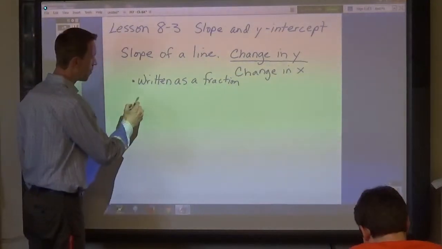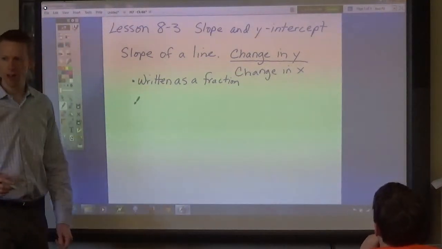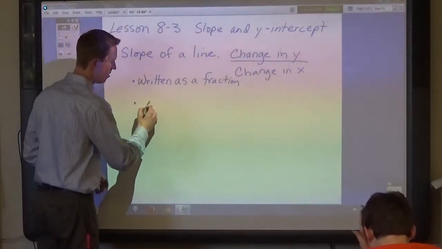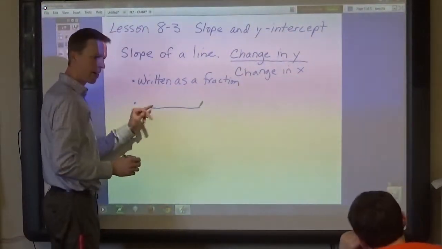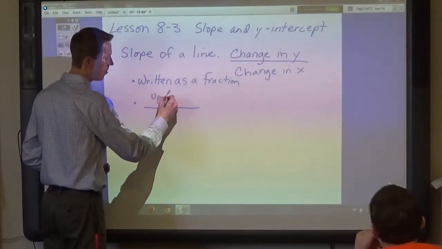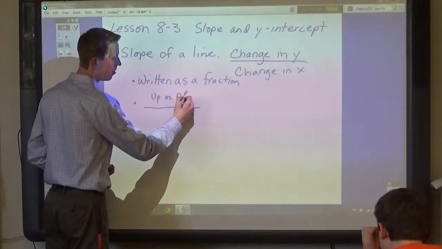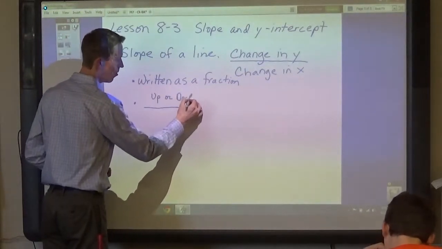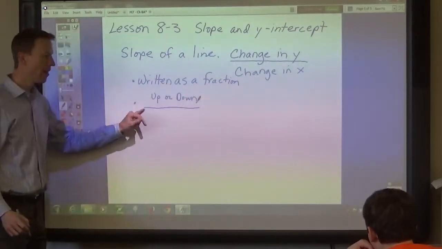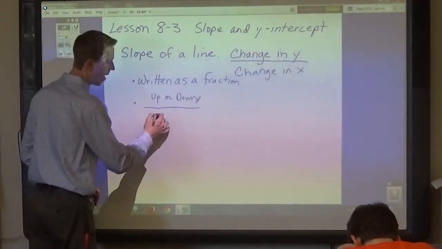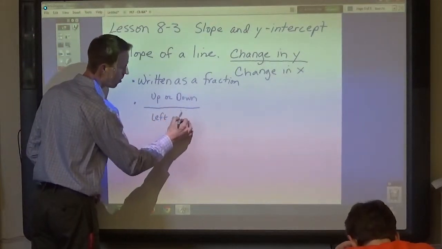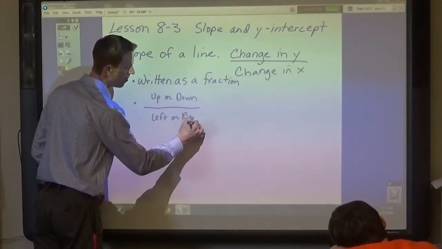The top number of the fraction tells you how far the line goes up and down. So as a fraction, it is how far up or down, and then over how far it goes left or right.